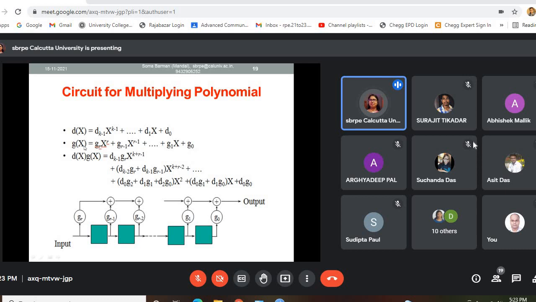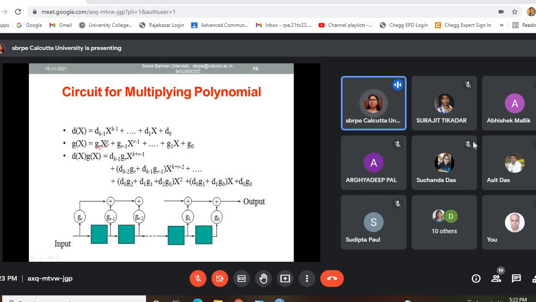And the generator polynomial is g0, g1, up to gr x to the power r.